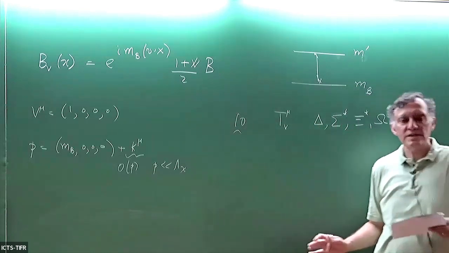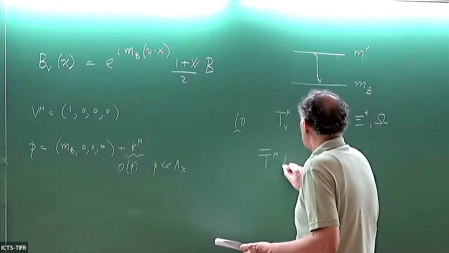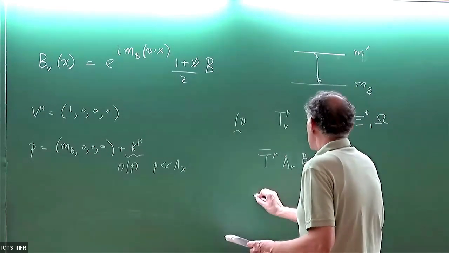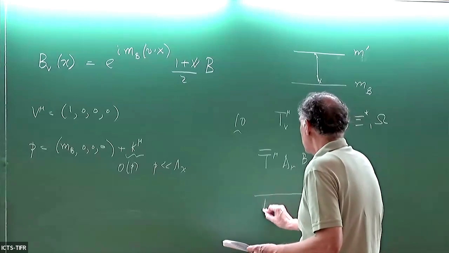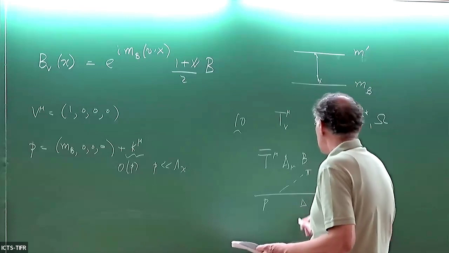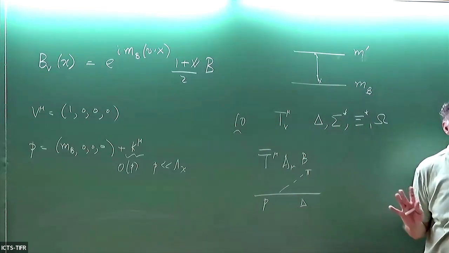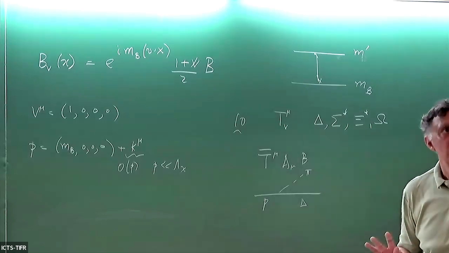And then you can have couplings like T bar mu A mu B, or whatever, which would give you proton, pi, delta type couplings.